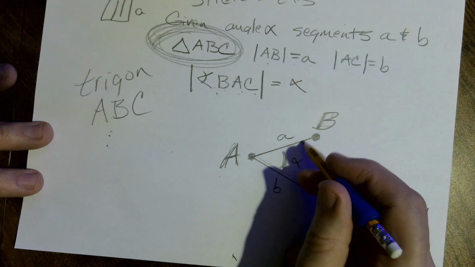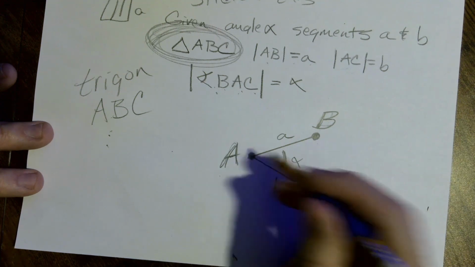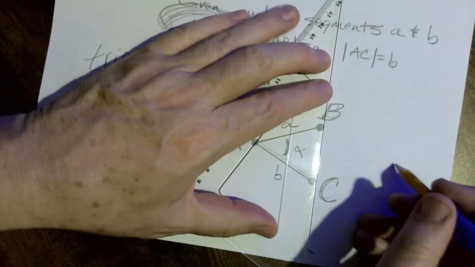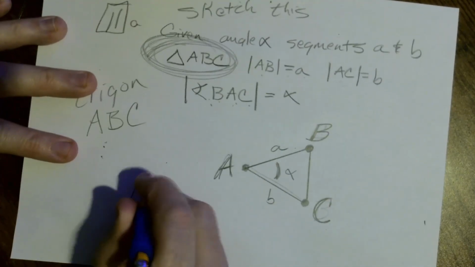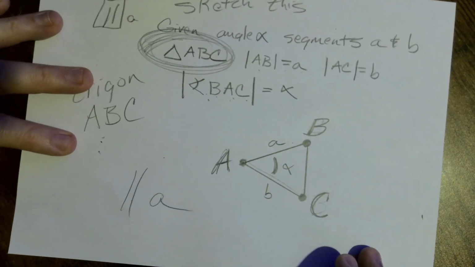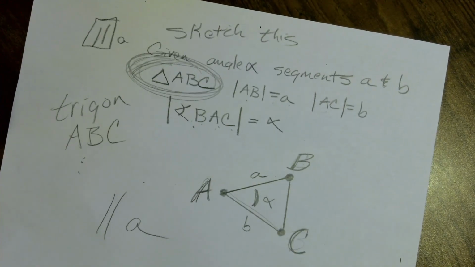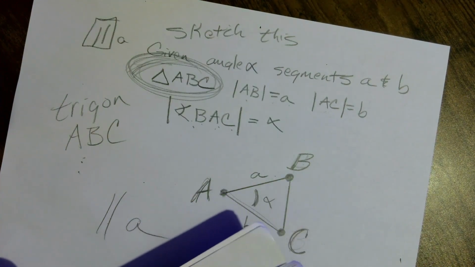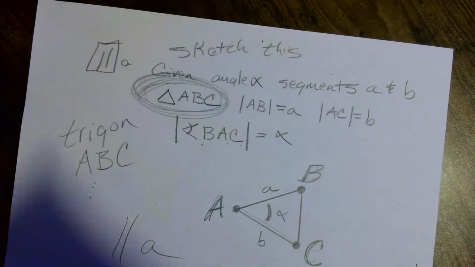And the angle made by these line segments at vertex A is alpha. And to make this a trigon, you just put in our 3rd side right there. This is 11A. All right, so now we're moving to 11B.